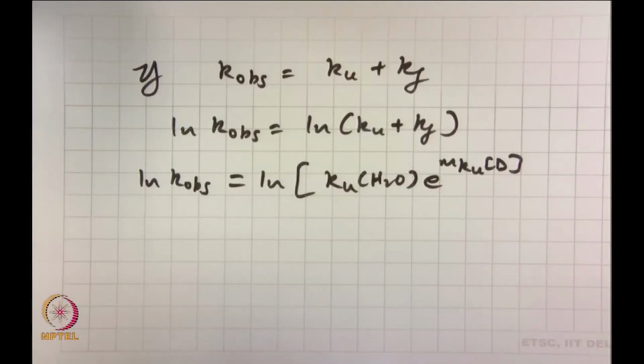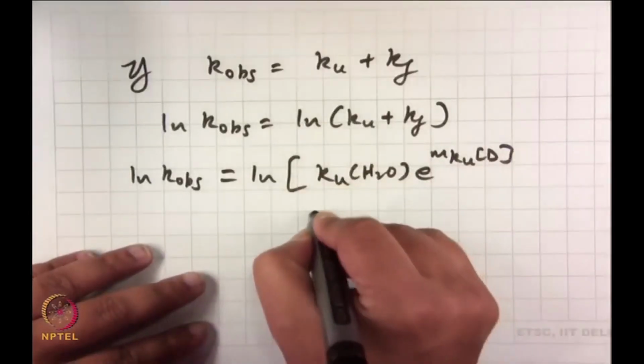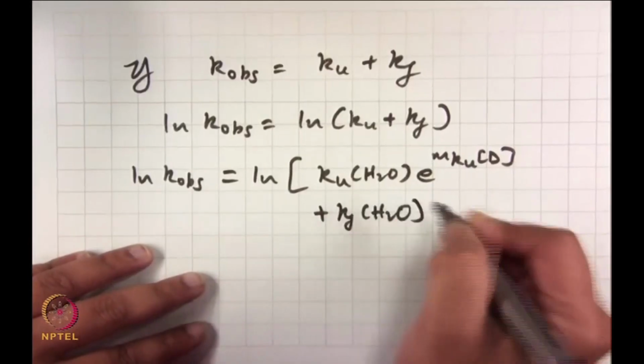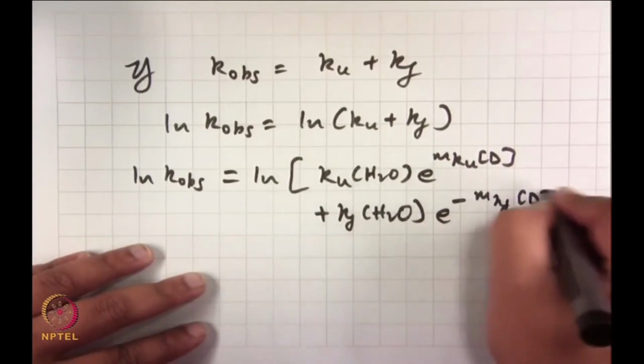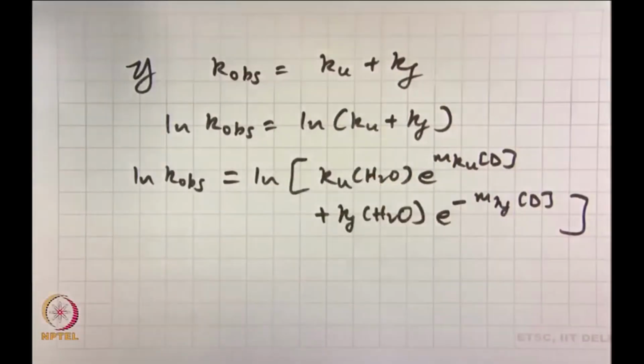Okay, look at that. This comes from equation number 2, and for Kf what it would be? Kf would be Kf H2O e to the power minus mKf concentration of D, where D is denaturant. So, what you have now is very simple, that is why I said it was a fitting thing.